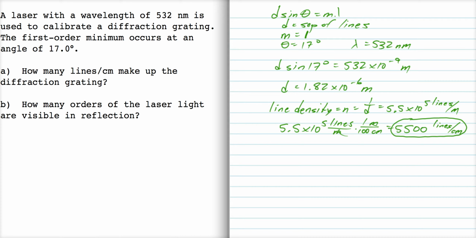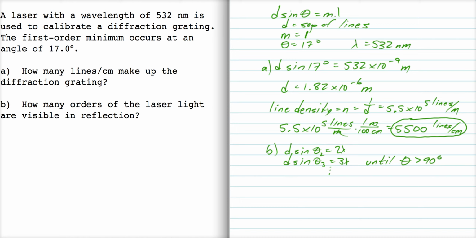Okay, now how many orders of laser light are visible in reflection? So there are a couple of ways to do that, right? One way is to set d sine theta equal to 2 lambda, d sine theta equals 3 lambda, and so on until theta is greater than 90 degrees, right?